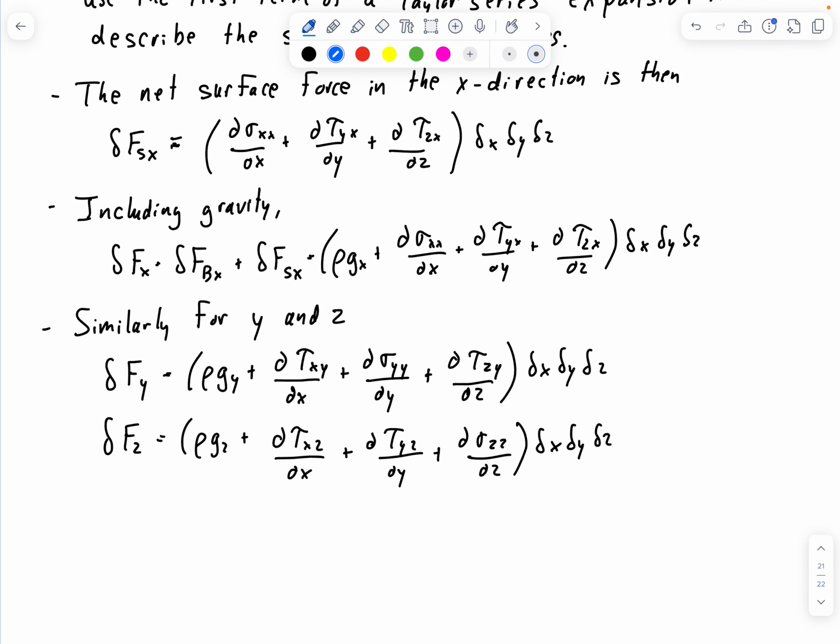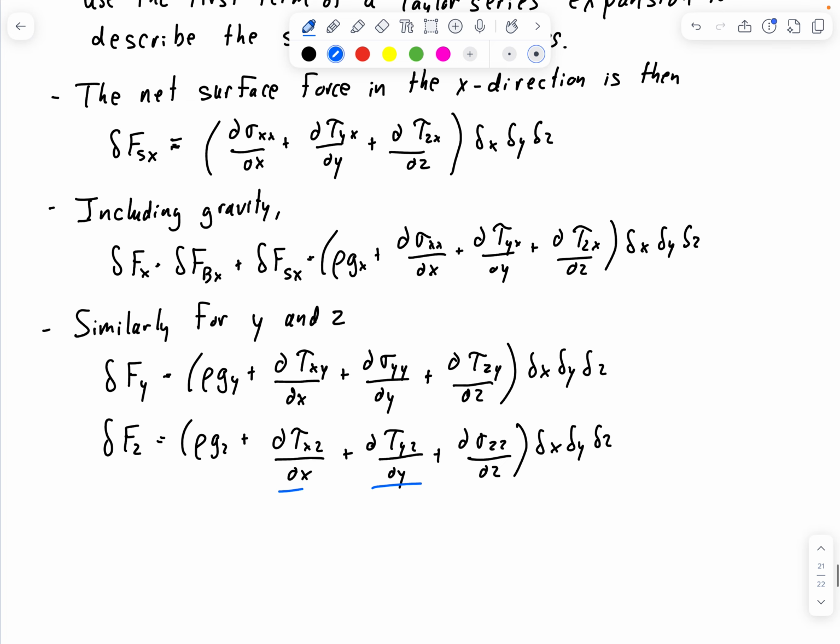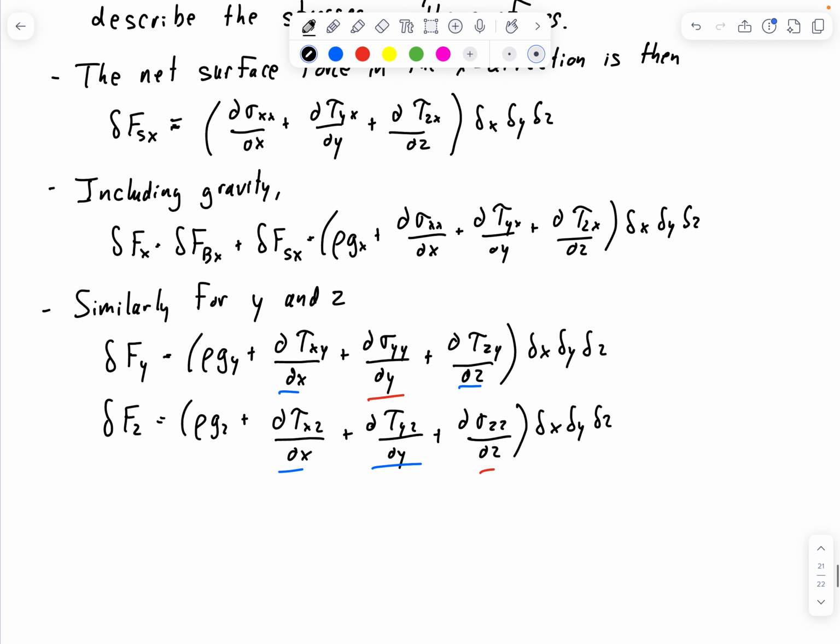And so again, with these terms, we have shear stress terms here, here, here, and here. And we have pressure terms here and here. So the pressure terms represent the pressure on the y face and on the z face, and the shear stress terms represent shear on the different faces as well.